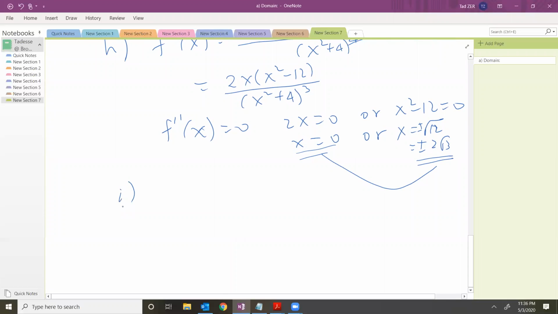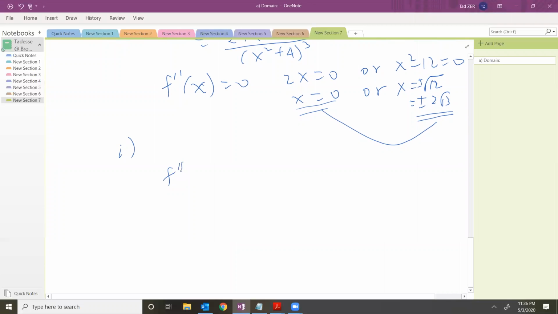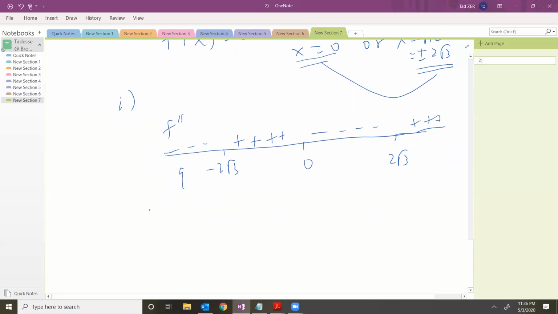So the next part is the concavity. For concavity, we do a sign chart for the second derivative. So I have -2√3, 0, and 2√3. If you test the second derivative at these points, this is what the sign chart is going to look like, okay? It's straightforward, you just need to plug in numbers. So what that means is, concave up means the second derivative must be greater than 0, which is -2√3 to 0, union 2√3 to infinity.